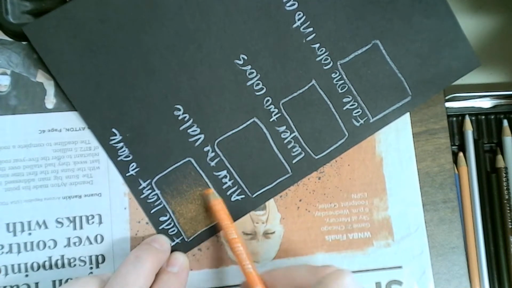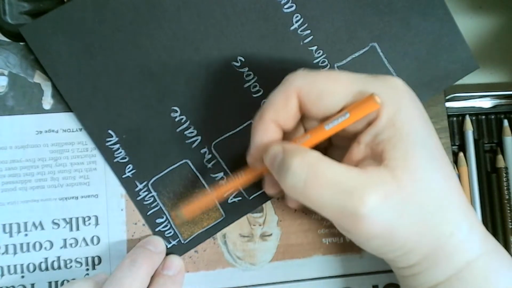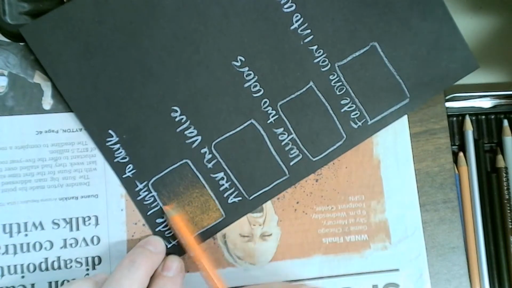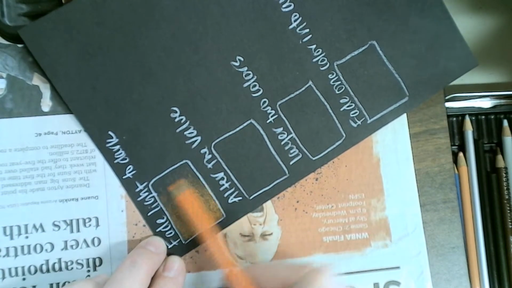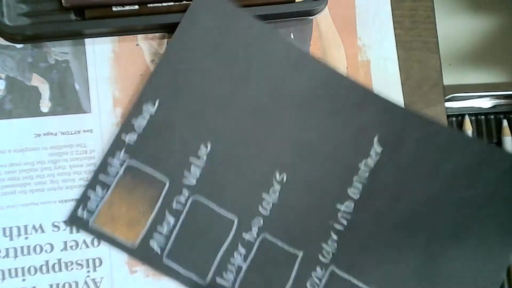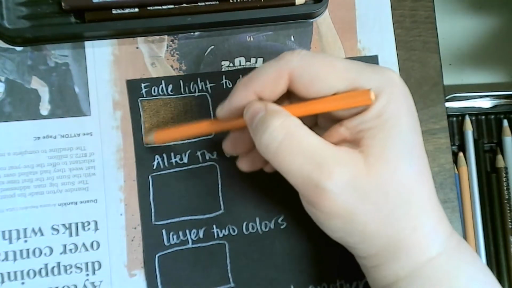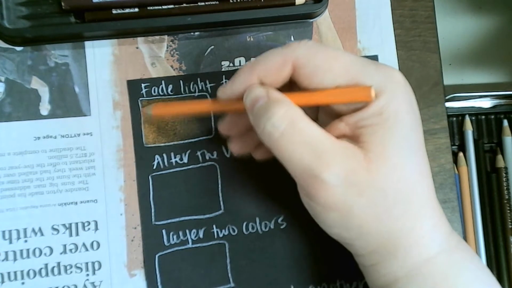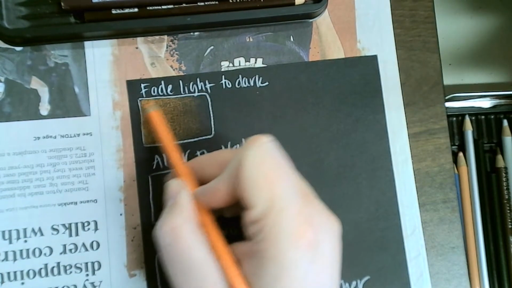So by the time you hit the middle, you want to already be fading out. And then I'd probably do one more layer because I want it to be a light version of orange on one side, fading into a darker version and the black paper.